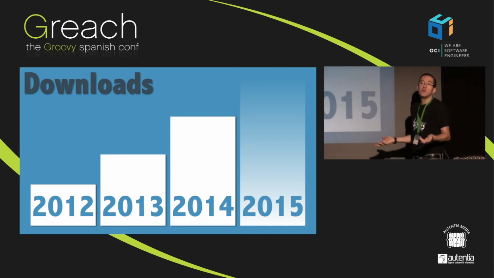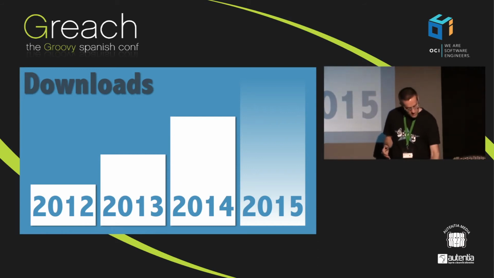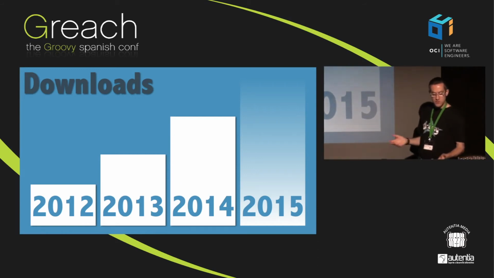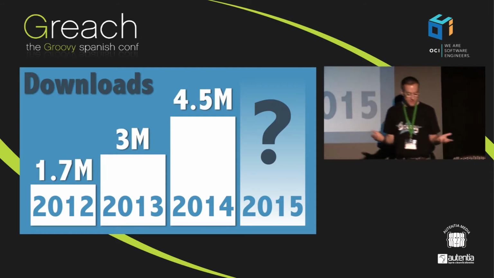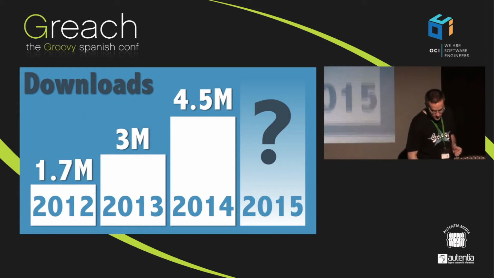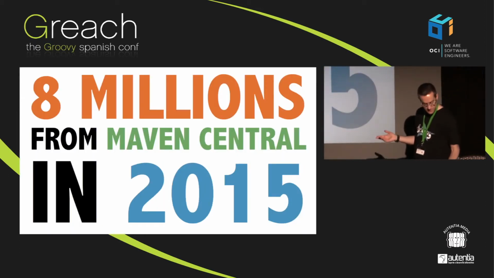If the downloads decrease, obviously, you've got less usage. So we had ever increasing download numbers, so what would happen in 2015 in terms of downloads? Just on Maven Central, there were already 8 million downloads.